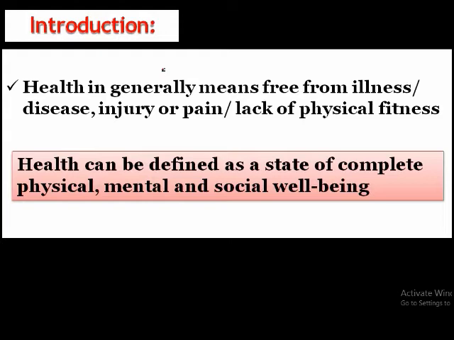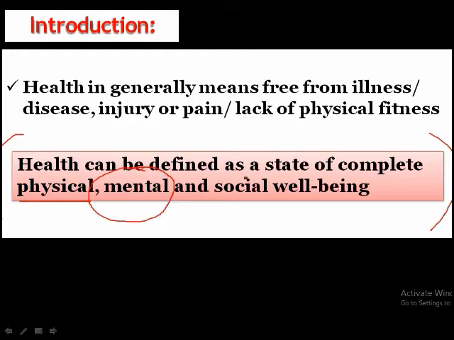But health can be defined as you are seeing in the statement in red color. Health can be defined as a state of complete physical, mental and social well-being. Physical means how healthy we are physically. Mental means how stable we are mentally.